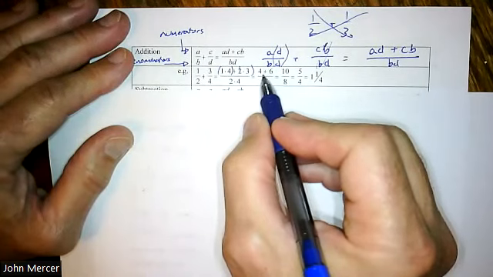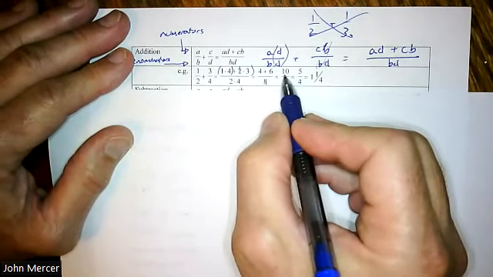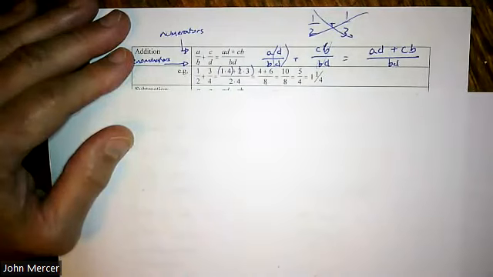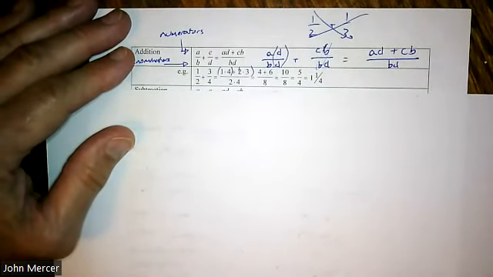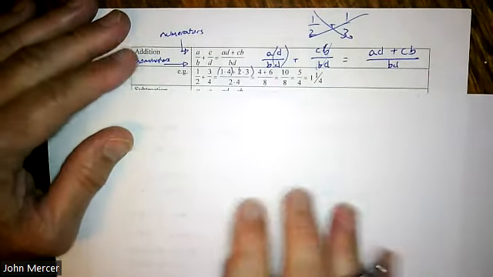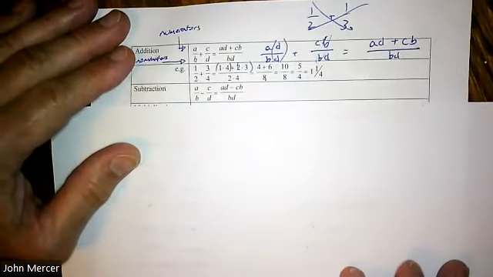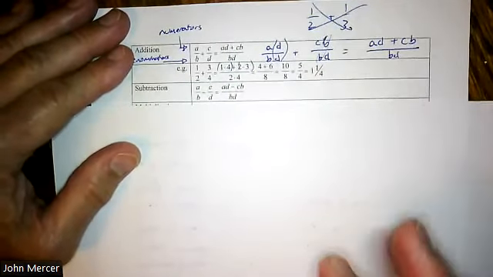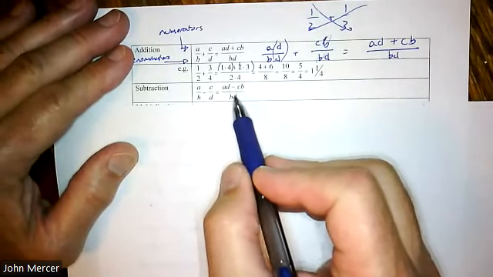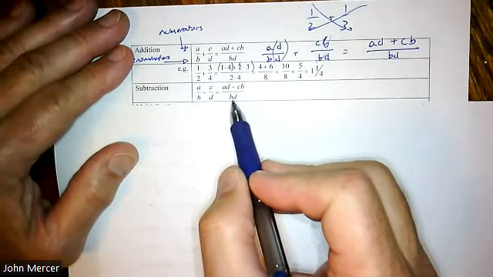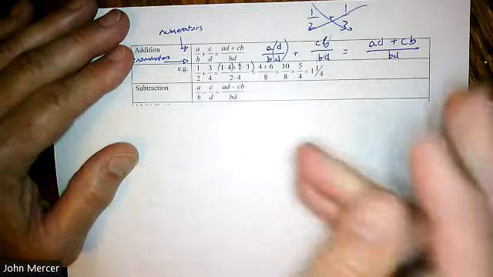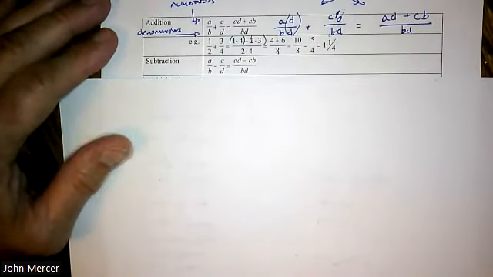And now I can make that addition of the numerators, 4 plus 6 is 10. And then I can simplify that, reduce it down to 1 1/4. Okay, so addition and subtraction are exactly the same process in terms of getting the common denominator and then adjusting the numerators appropriately. Okay, so those aren't too bad.